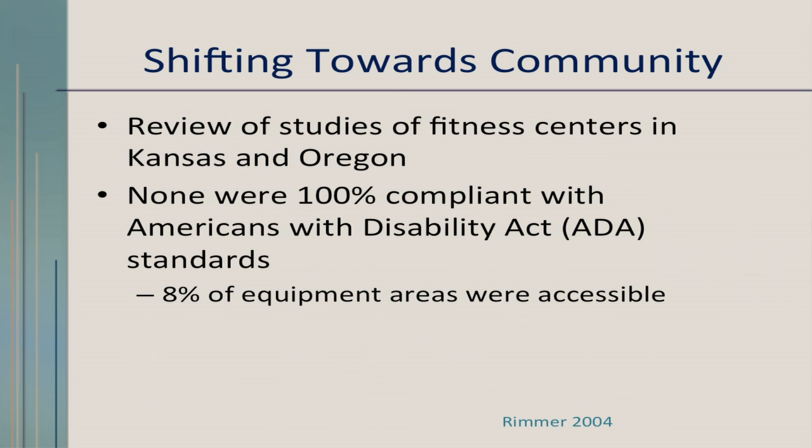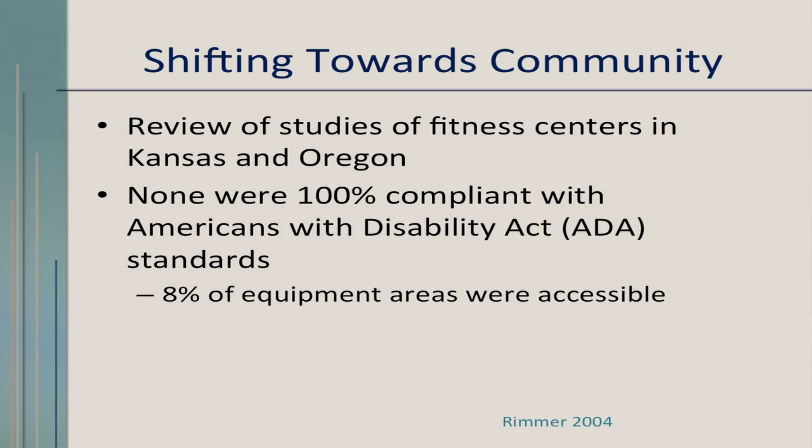So when we start to look at shifting away from clinics and more towards a community, a study has been done that reviewed fitness centers in Kansas and Oregon. None of the centers were 100% compliant with the Americans with Disabilities Act standards. Now, please note that this article was published in 2004, and the Americans with Disabilities Act was first enacted in 1990.